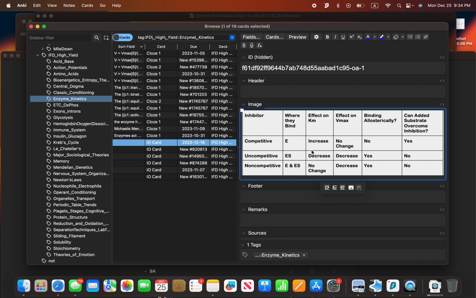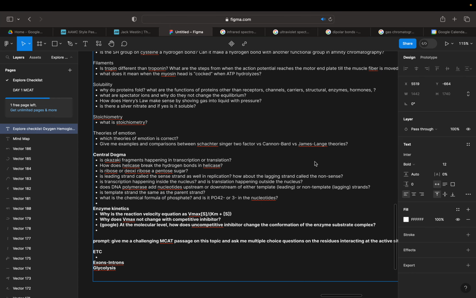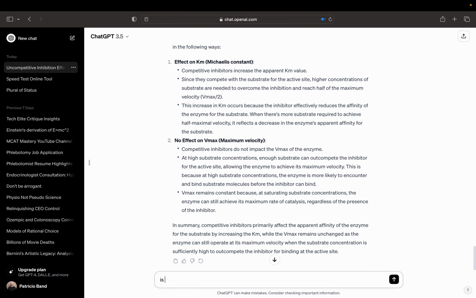And does it bind allosterically? Yes, this is allosteric inhibition. However, it is not on the allosteric site. This might be somewhere that I was saying the documents might be different. So we should ask: is uncompetitive inhibition allosteric binding?